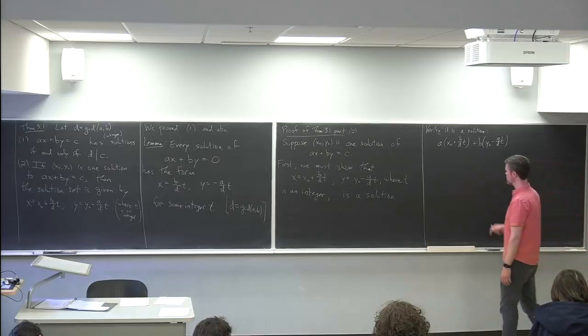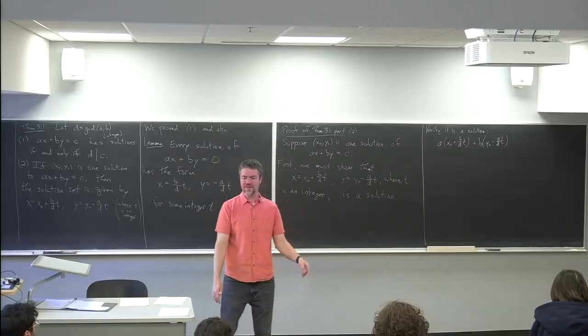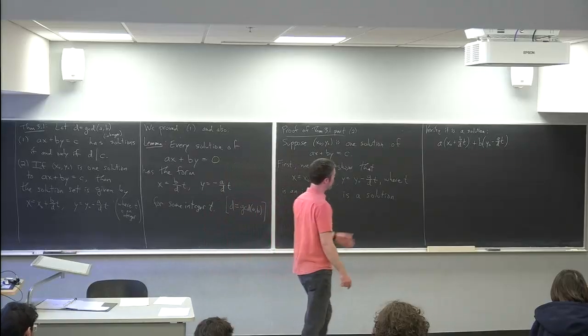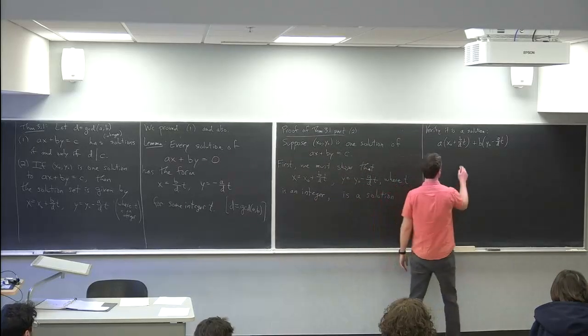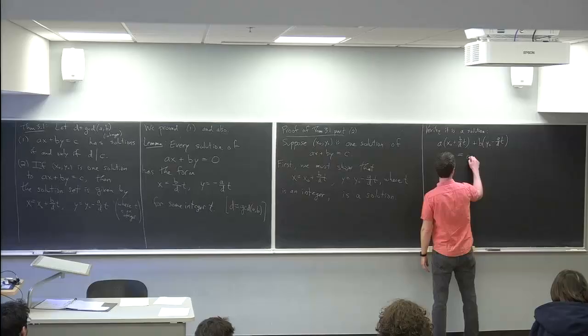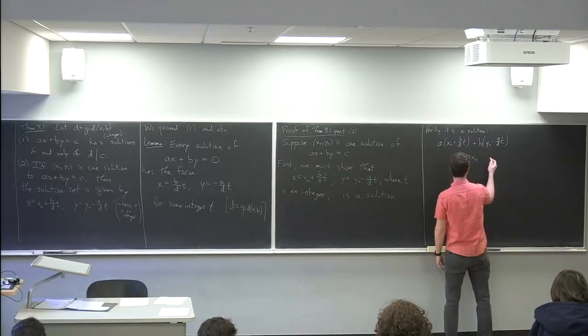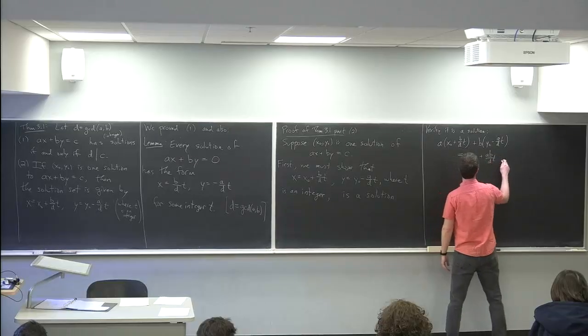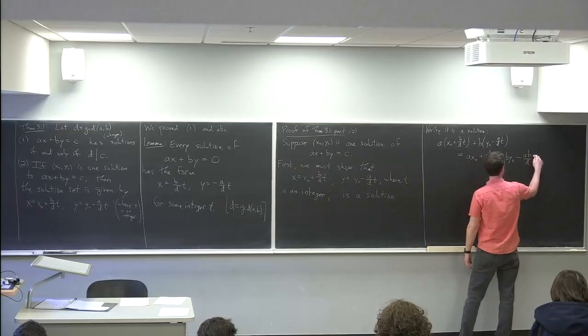And we have to justify that it equals c, and therefore it satisfies the equation. So don't say it equals c because you don't know it equals c. You have to show it equals c. So let's work with this expression and try to simplify it and show that it equals c. If you expand all these terms out, you have ax naught plus ab over d t plus by naught minus ab over d times t.